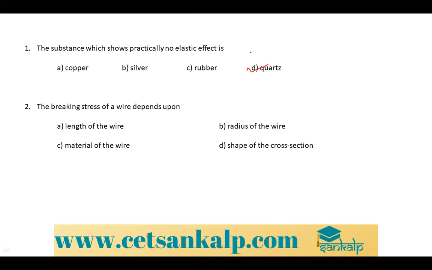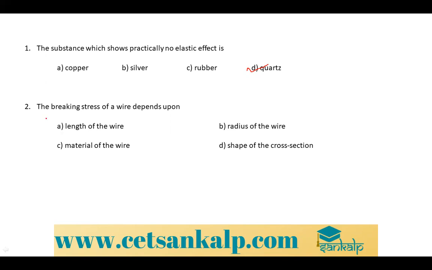The next is the breaking stress. The breaking stress of wire depends on, it's a general thinking, it does not depend on length, it does not depend on radius, and it also does not depend on area of cross section.